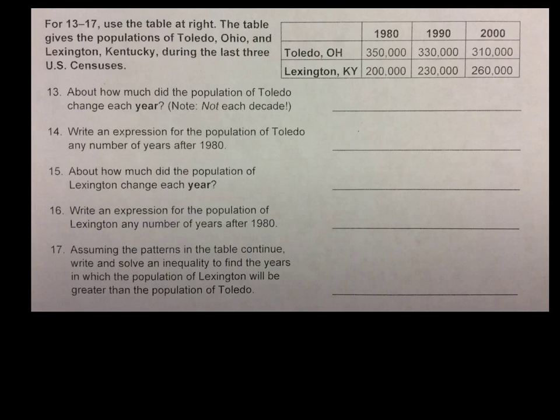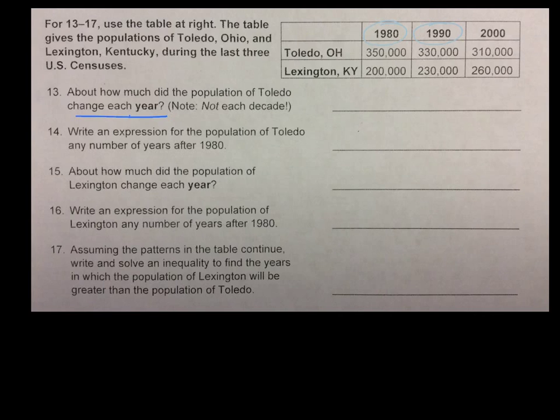Okay, now in this particular problem, you have to pay attention to the table. Notice these are in decades, so 1980 to 1990, and this is asking for each year. Okay, so make sure you pay attention to that. Let me go ahead and write right here again, each year. About how much did the population of Toledo change each year?